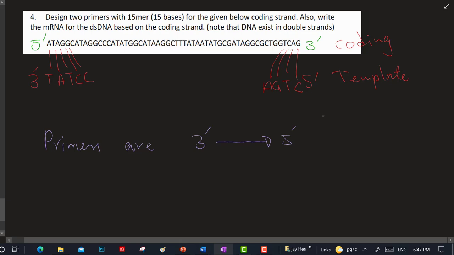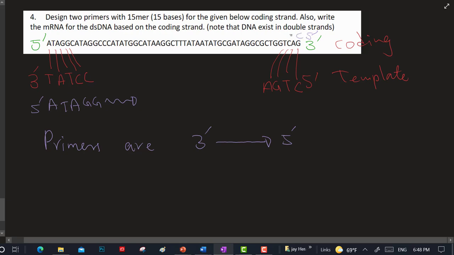I select the 3' end, and let's put it here. This 3' end needs a primer that should look like 5' T to the A, T to the A, C to the G, and so on. So that's primer 1. Similarly, you can continue as long as you want. In this case, we have to write up to 15, right?